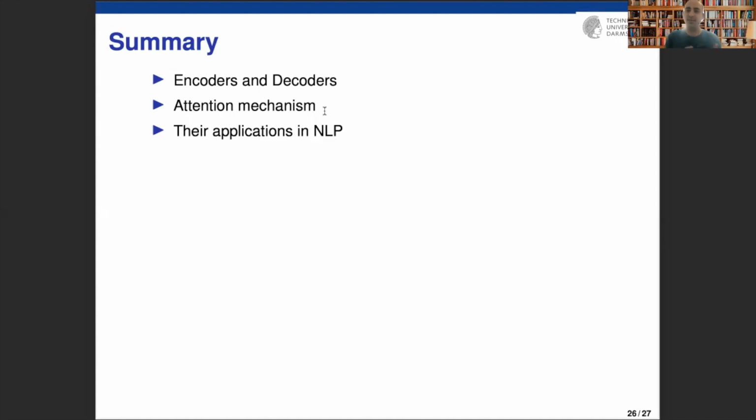We discussed self-attention, in which we only have one text, and we want to know, when we are reading the text, at which step we focus on which part of the text. And at the end, we also discussed the applications of the encoder-decoder architecture and the attention mechanisms in NLP.